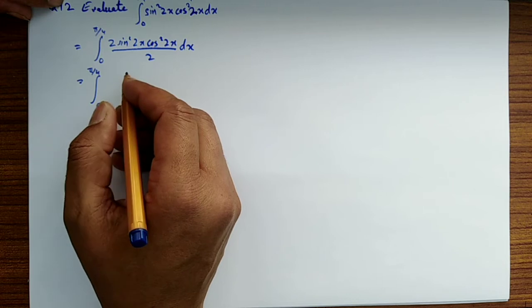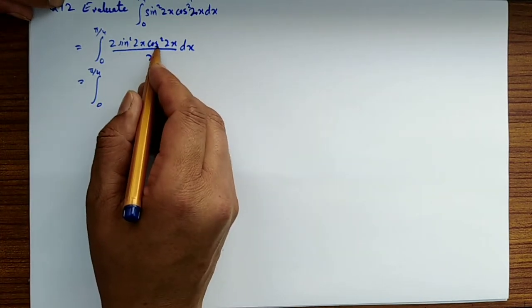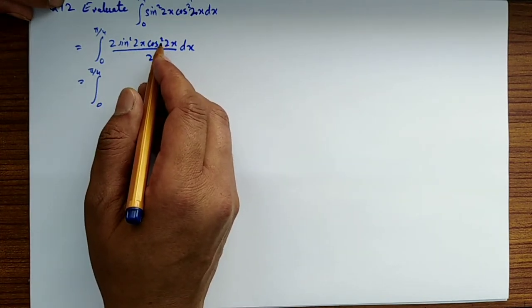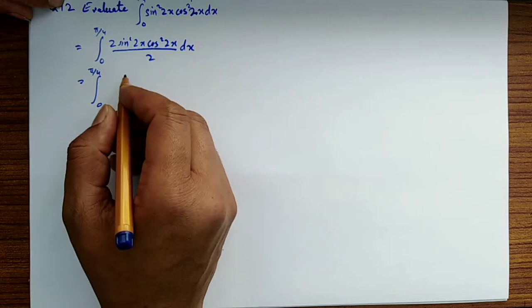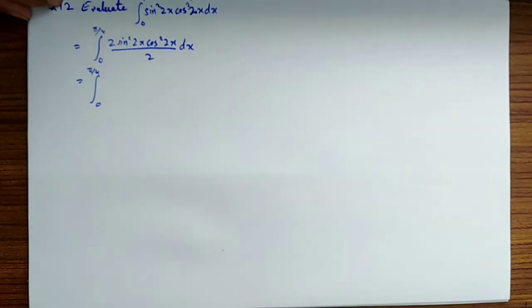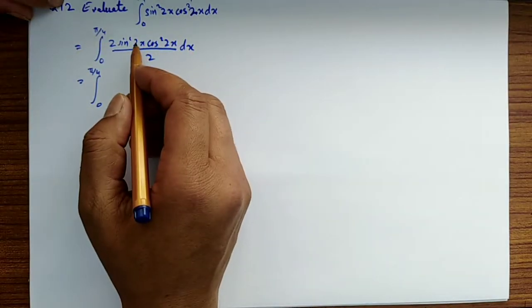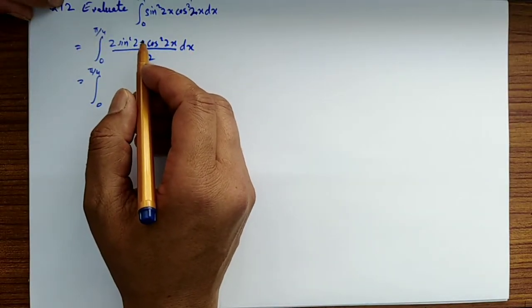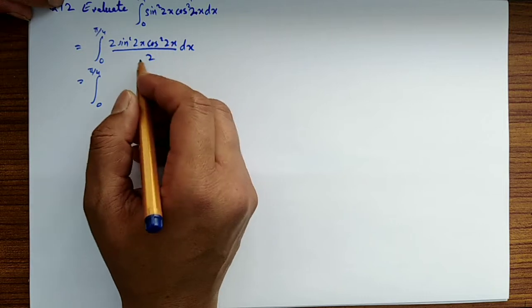This becomes 2 sine square 2x cos square 2x, and we can write this in the form of a whole square, taking this 2 as a common factor outside.